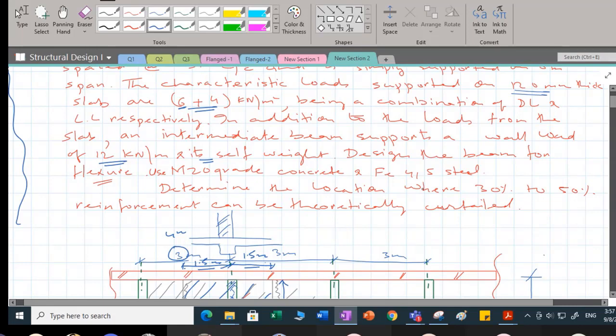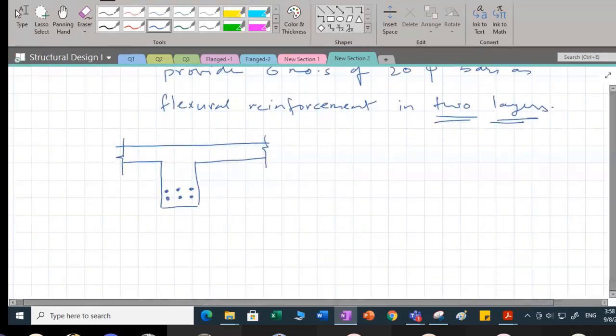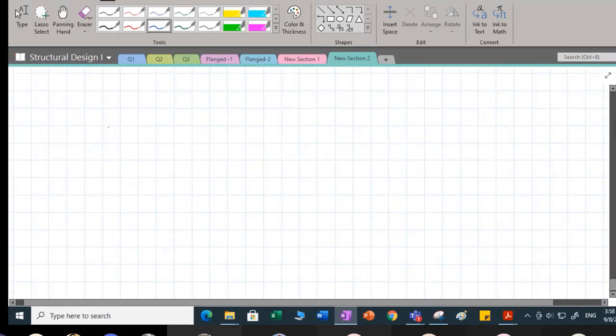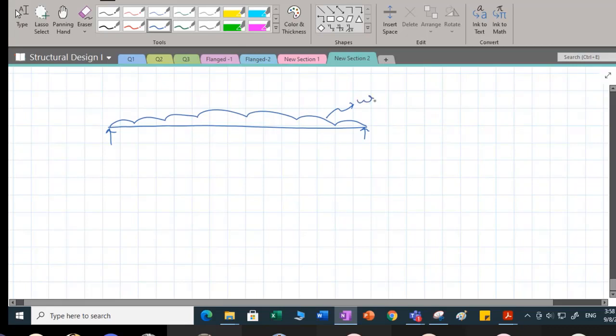You have to determine the location where 30% to 50% reinforcement can be theoretically curtailed. Now, why do you need to curtail the bar? To understand the curtailment of the bar, let me draw the line diagram for the beam. Here you have this ultimate load.